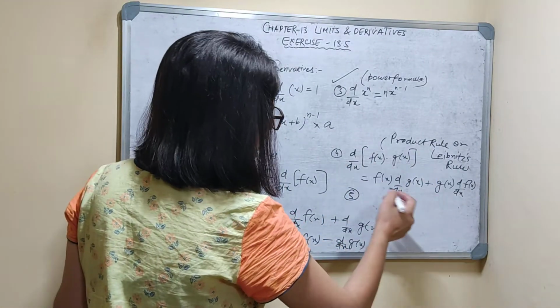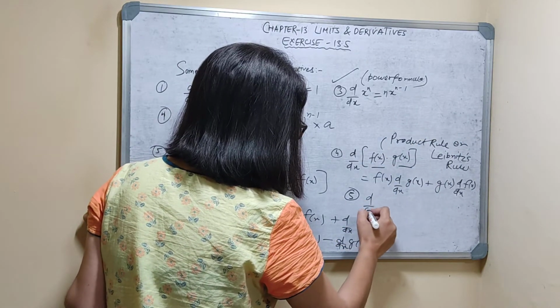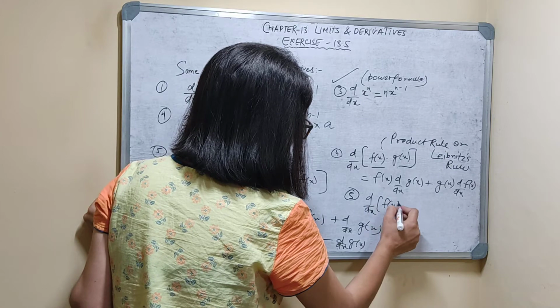If so many functions are there, f(x), g(x), h(x), anything, how will you write? d by dx of f(x) g(x) h(x), three functions I am taking.